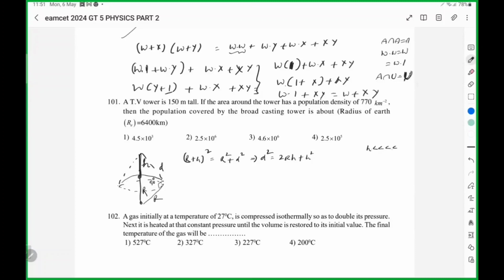H, when compared with the radius of the Earth, is very small, so we can neglect it.